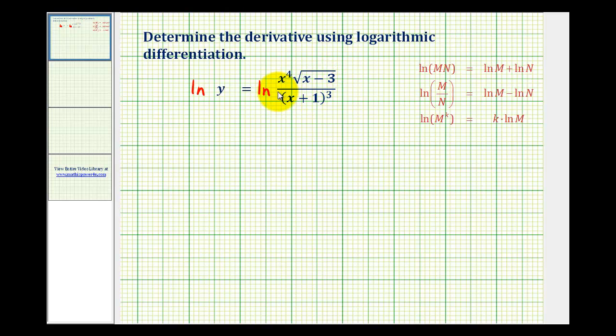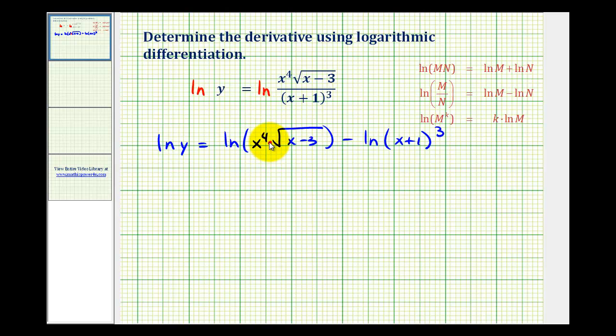Let's first eliminate this quotient by writing this as a difference of two logs. We would have natural log y equals natural log of x to the fourth times the square root of x minus 3, minus natural log x plus 1 to the third. Now let's expand this logarithm here.